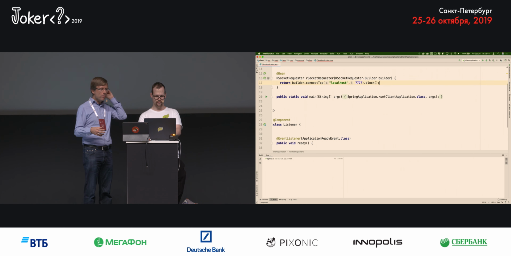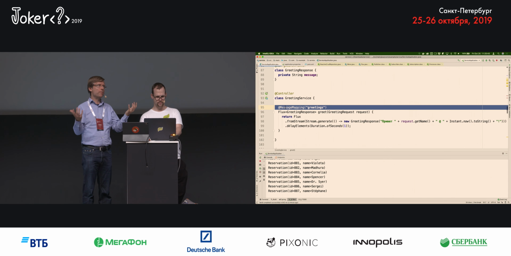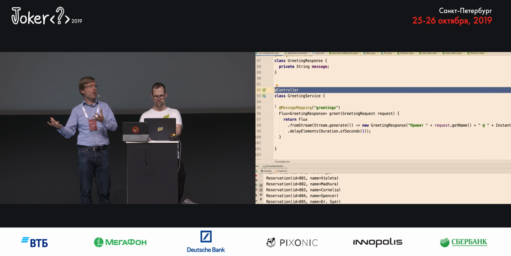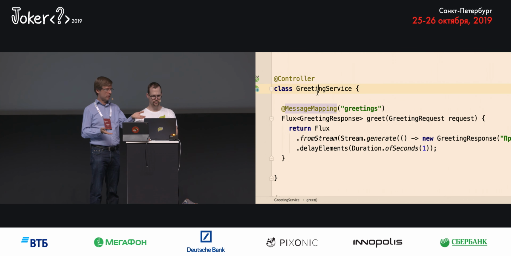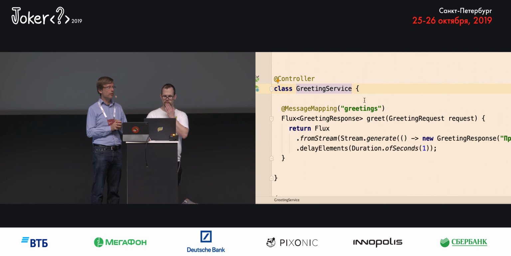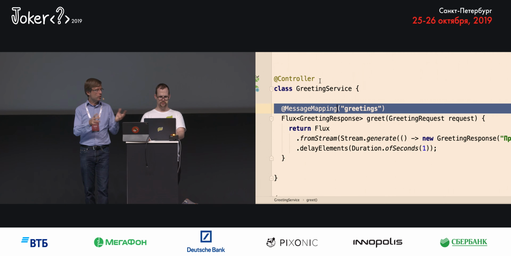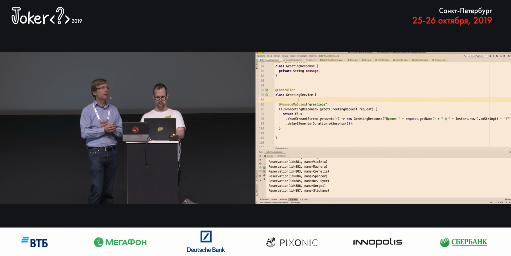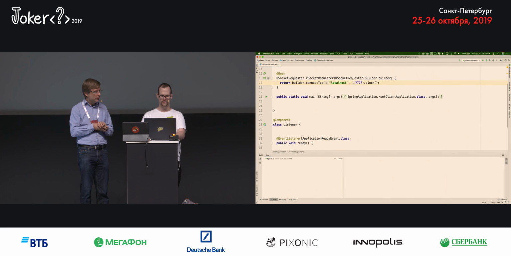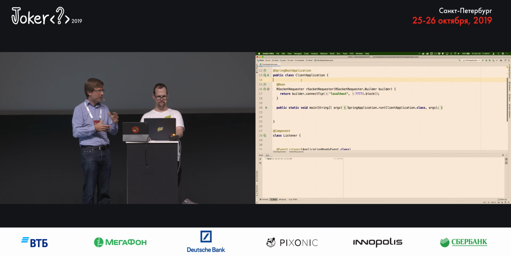The programming model in Spring messaging is very similar to the Spring Web programming model anyway. And an RSocket binding literally looks like what we're seeing here. It's an endpoint with a message mapping annotation, follows basically the same design as a reactive web endpoint. It's also very similar to a Stomp endpoint on WebSockets.